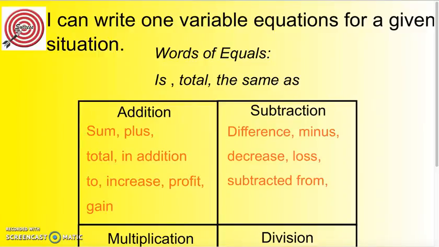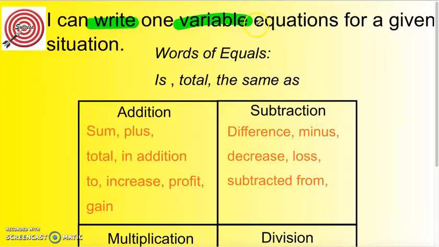I want to talk about some words that mean or give us clues to addition, subtraction, multiplication, and division. Because today, since we are writing, we're going to actually write math sentences. And in order to do that, we need to be using a variable.